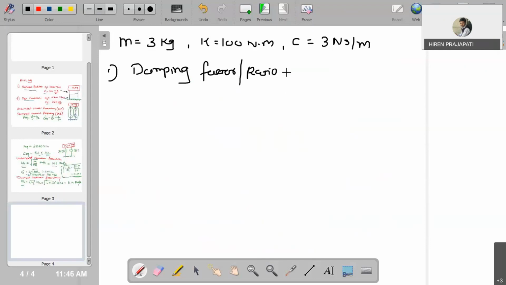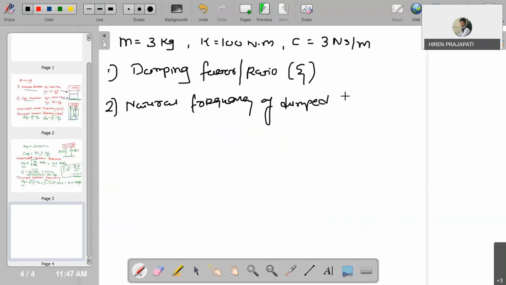So zeta is to be found. Second, the natural frequency of damped vibration, that is omega d. If it is asked for the natural frequency of undamped vibration, then it is only omega n, right?